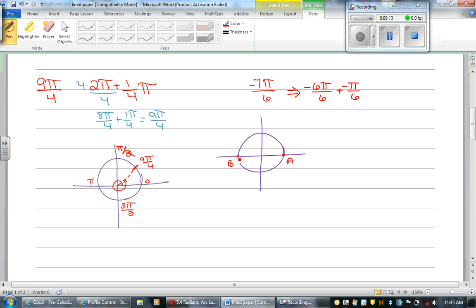I'm going to go 1 pi, and then another 1/6 of a pi. So maybe it's about here, and it's going in this direction because it's a negative rotation. So this would be negative 7 pi over 6.